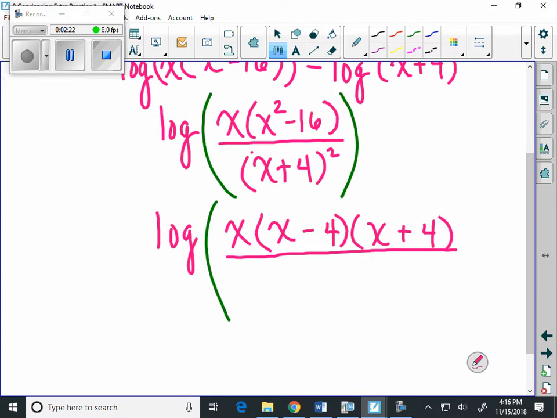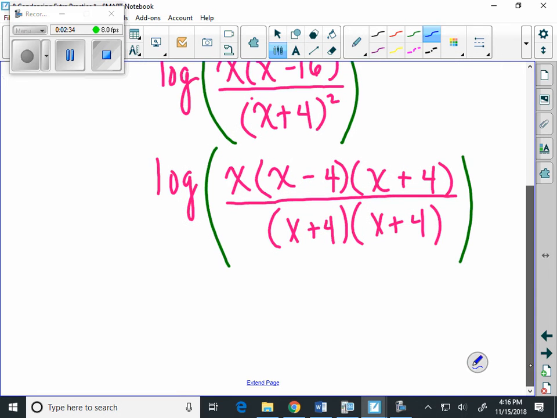As I expand x plus 4 squared, what that means is x plus 4 times x plus 4. Now what we're looking for is, do we have anything exactly the same in the top and in the bottom? And what we see is that there's an x plus 4 here and an x plus 4 there.